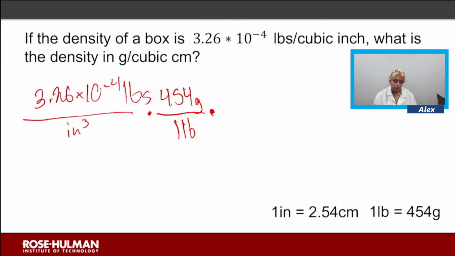What you can do is you can change the cubic inches to inches, but that's not exactly the same unit, so it doesn't make as much sense to do so. So instead what we can do is say that for every inch we have 2.54 centimeters.